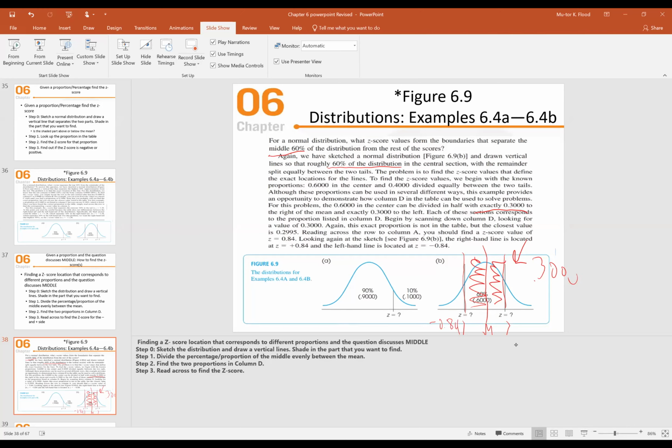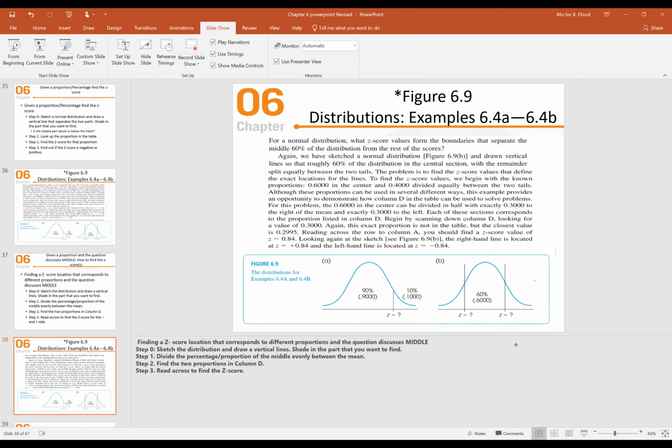And the one on the right side is going to be a z-score of positive 0.84. All right. And so that's how you would do a question in that kind of way that has to do with the middle proportions.